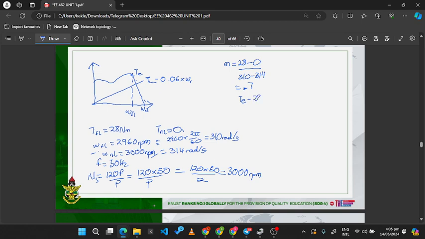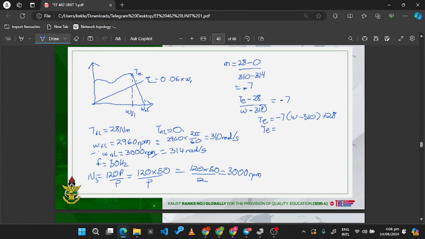TE minus 28 over omega minus, at 28 the speed was 310, should be equal to the gradient, which we have calculated as -7. So our TE would be -7 omega minus 310 plus 28.